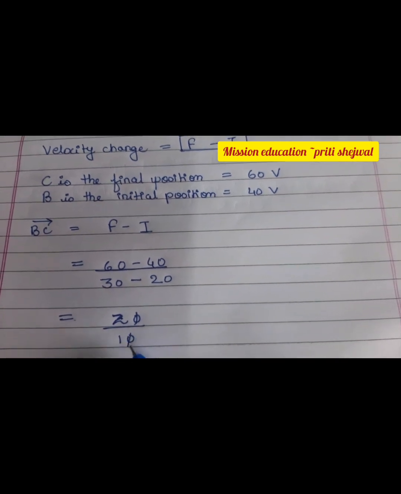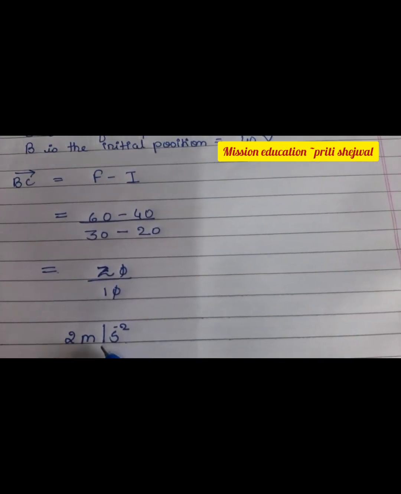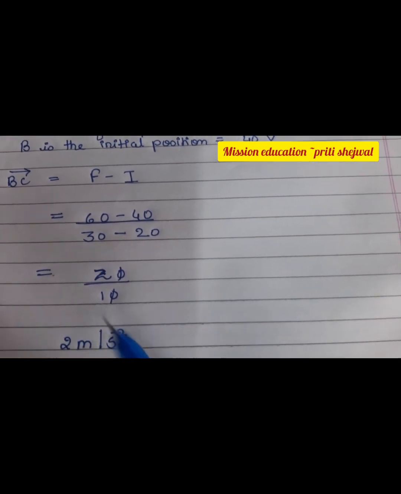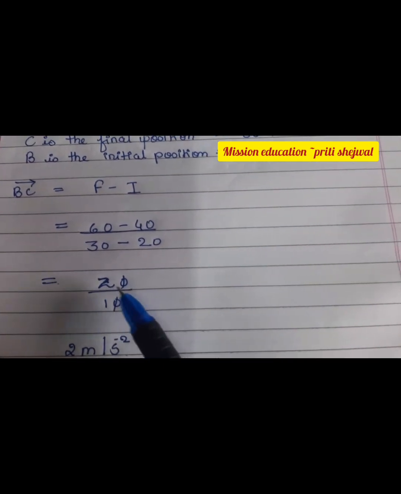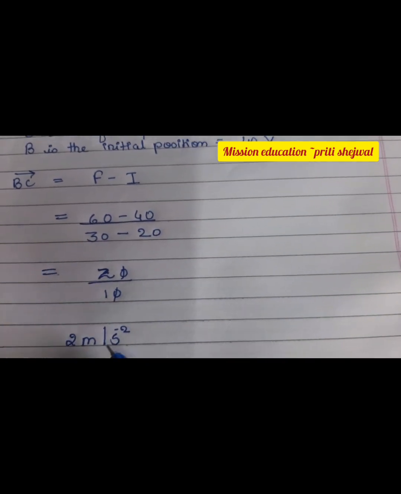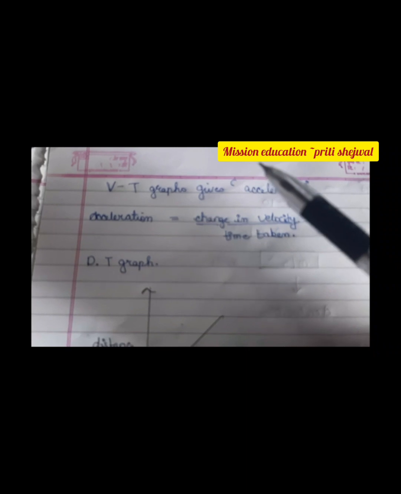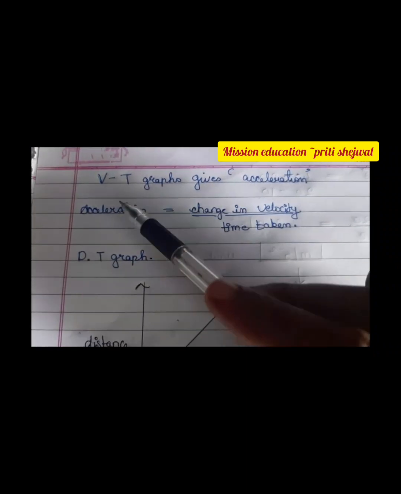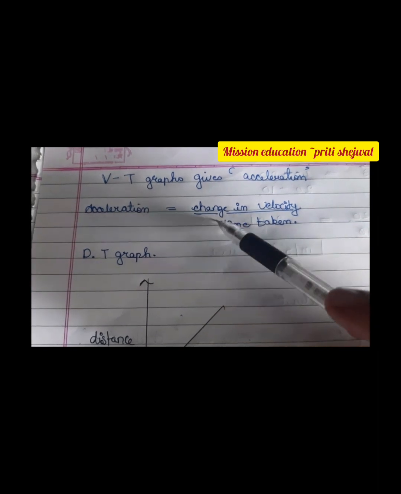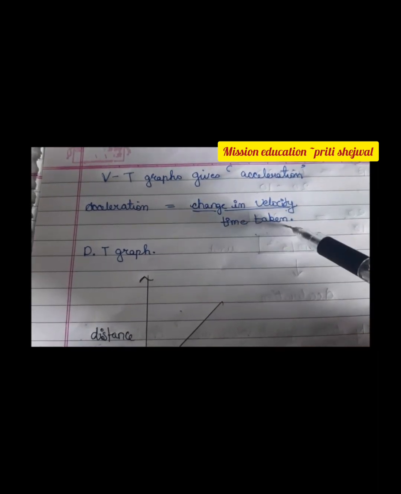If you divide this 20 by 10, the answer you will get is 2 meter per second square. VT graphs give acceleration. Acceleration is equal to change in velocity upon time taken.